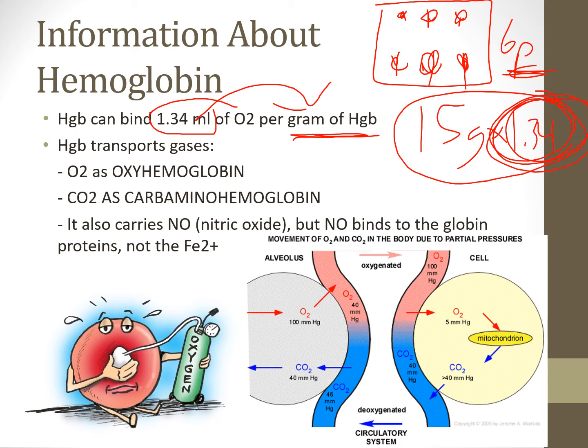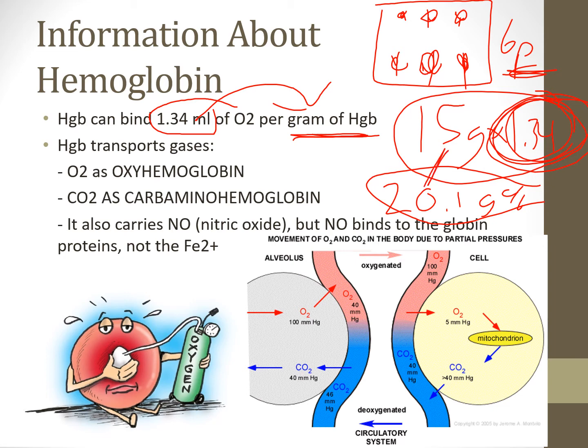If I just multiply these together, I'm going to get somewhere around 20.1, and this will be grams percent. So I can carry 20 milliliters of oxygen for this 15 grams of hemoglobin.